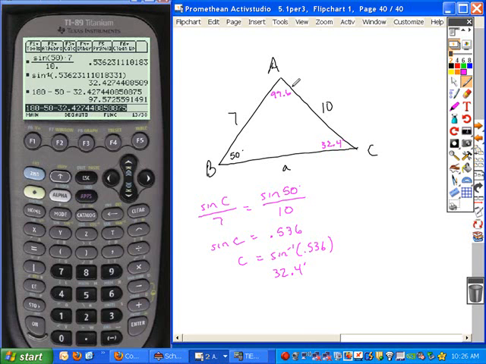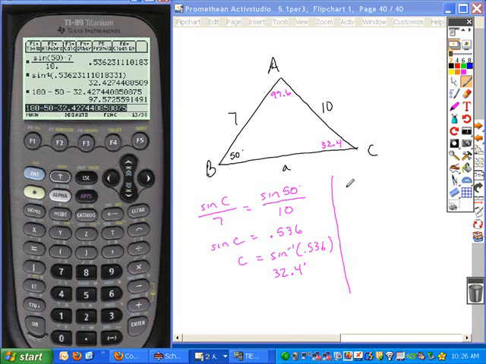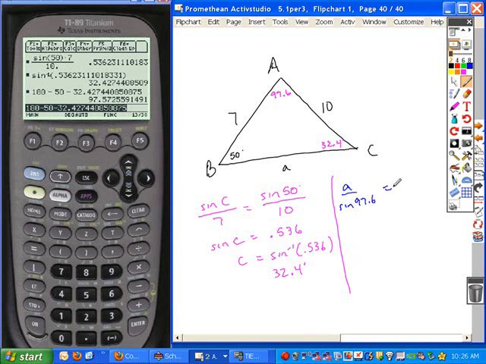Now again, if I round it to the nearest tenth, is this consistent? Do I have triangle sum maintained here? Yeah, so we've met that condition, which now allows us to find side A. Side A can be found by taking the law of sines once again. A over the sine of the angle opposite it, 97.6, is equal to the pair that you have to start with, 10 over the sine of 50.